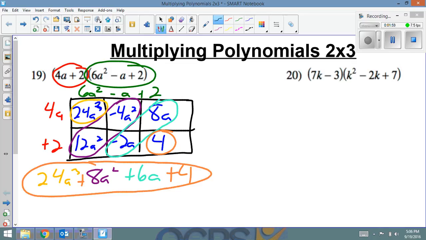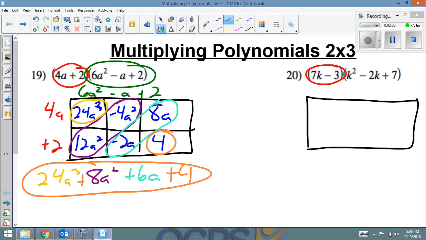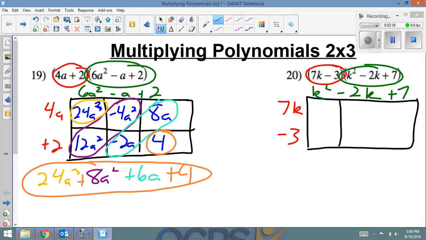So another example. Again, we're going to make ourselves a box. On the side of the box is going to be our smaller term, 7k minus 3. On the top is our bigger term, which is k squared minus 2k plus 7. So we're going to draw our box. The first part, we're going to have 7k times k squared. That gives me 7k to the third.